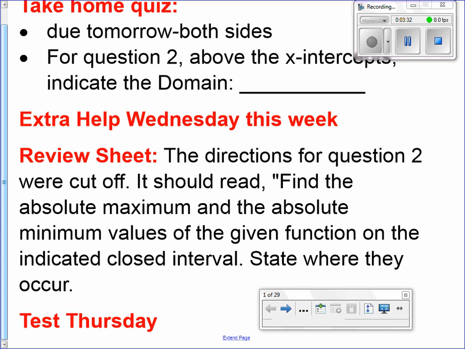So what I'm looking for is, like, there's an absolute max of 5 at x equals 2, and there's an absolute min of 0 at x equals 4 and 7, or whatever. I want to know the absolute max and the absolute min on the closed interval. So remember, you've got to get the y-coordinates at the endpoints and at the critical values. The greatest is the absolute max, and the least is the absolute min. But yes, those directions were missing.